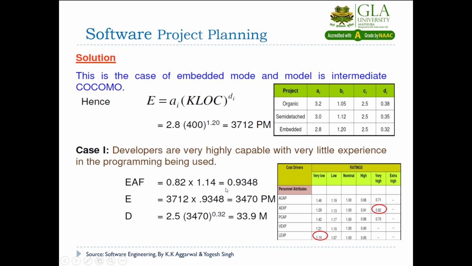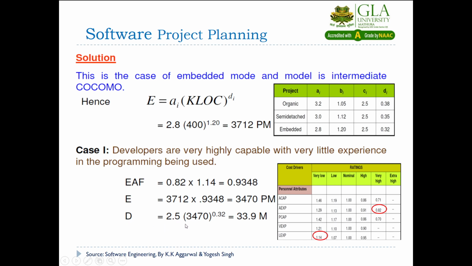Now the exact formula of effort will be the previous effort, AI KLOC to power D, into EAF. So whatever previous effort you have computed, that E will be multiplied by EAF, and then you will get the total effort, 3470 person months. Now, having computed the effort, this value will be put in the formula for development time.